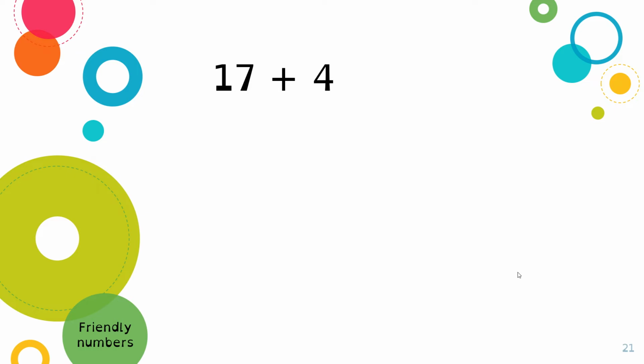Each of us might have different numbers that are friendly, but there's probably a few that are fairly consistent. Often things that end with a 5, so have 5 in the ones column, or have 0 ones, like 10, 20, 30. Those generally are friendly numbers that make our life a little bit easier to deal with.